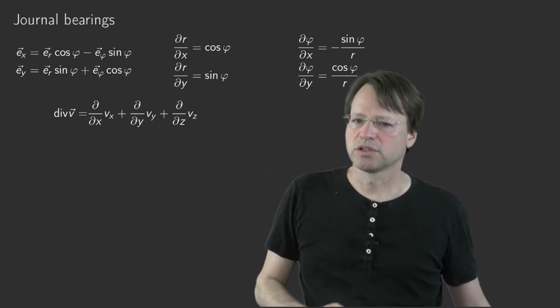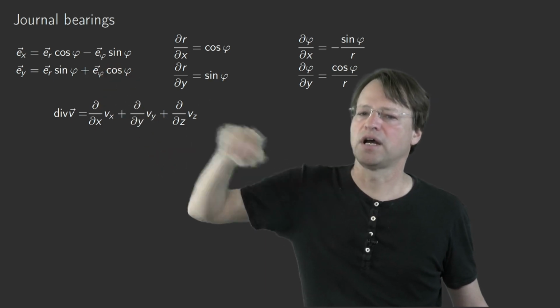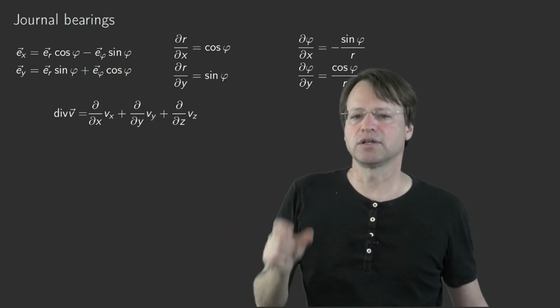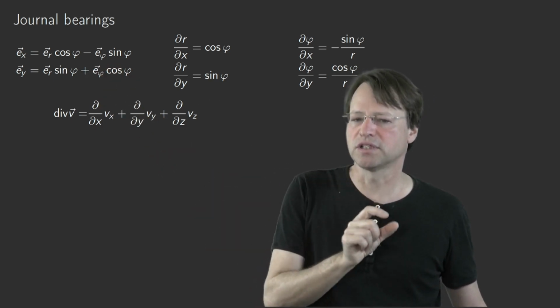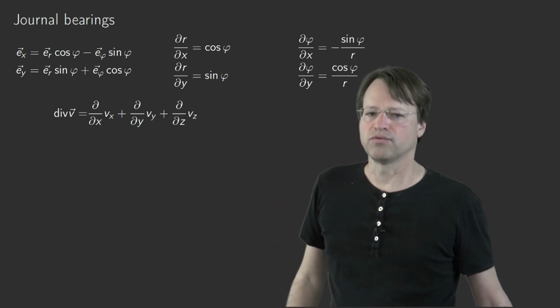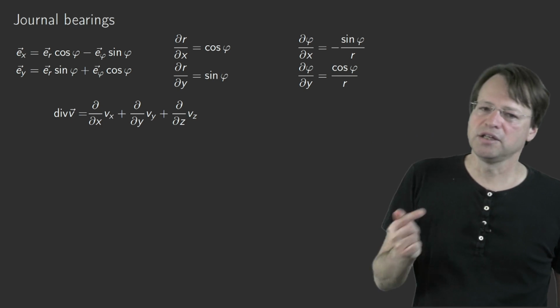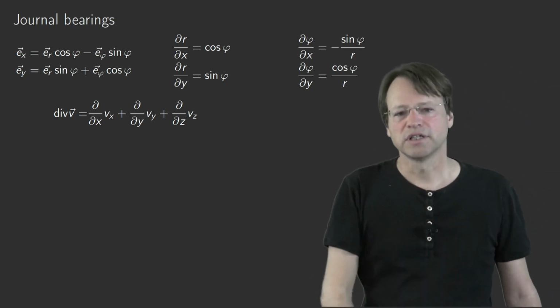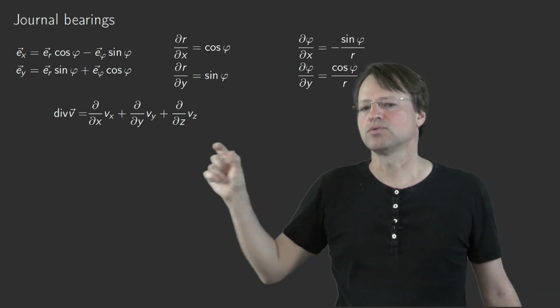And these projections now on r and phi of the velocity vector are then called v sub r and v sub phi, and are the corresponding coefficients or coordinates in radial and circumferential directions. And that's what we want to see here.